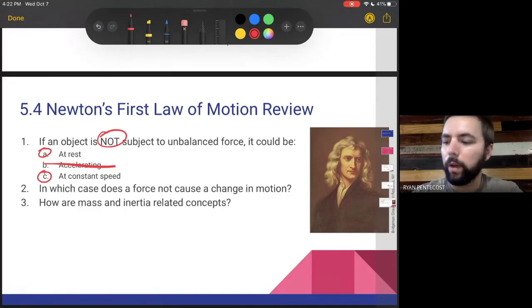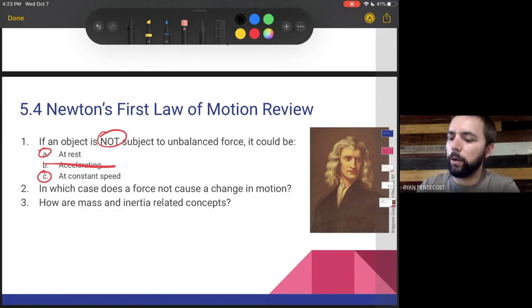Now, number three, how are mass and inertia related concepts? This is a good question. So inertia is a characteristic of mass, right? Every object has mass, which means every object has inertia. So let's talk about what inertia is.